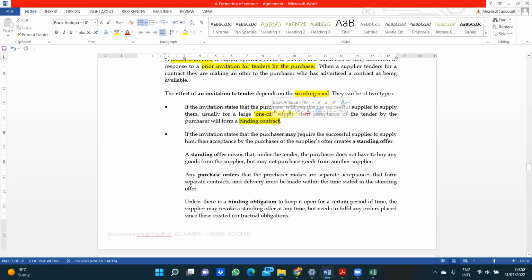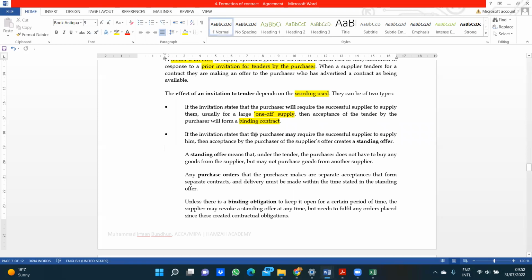If there is a one-off supply, then acceptance of the tender constitutes what? A binding contract. However, sometimes there are different supplies, each of which is an individual contract. We will discuss that later on. But here, what you need to understand is that a one-off supply is a binding contract.